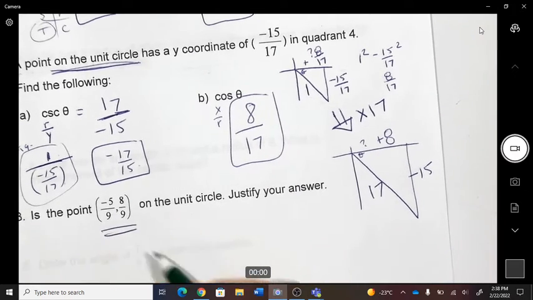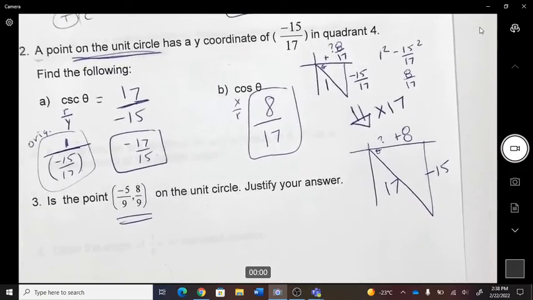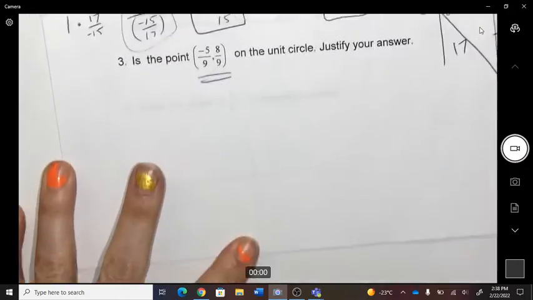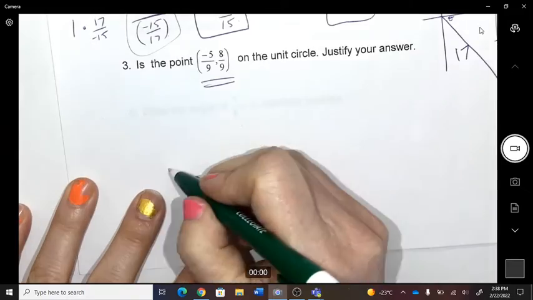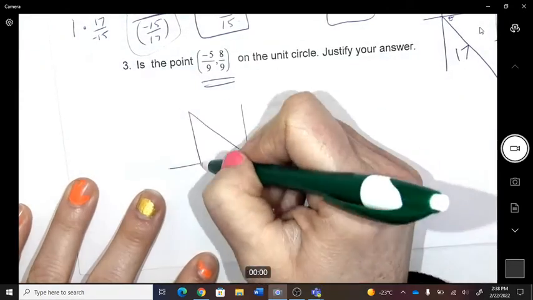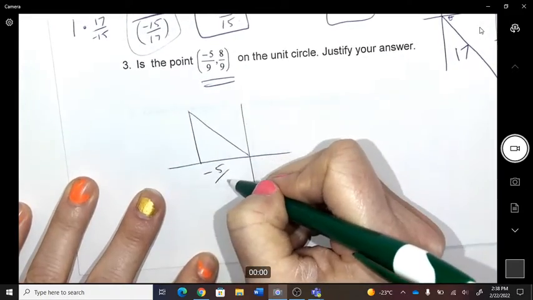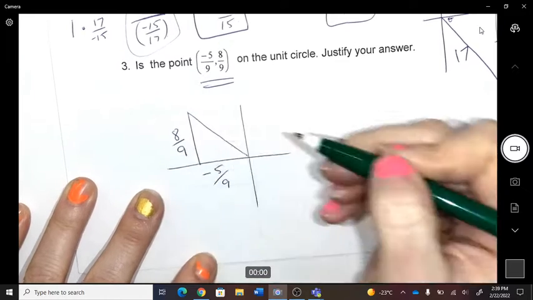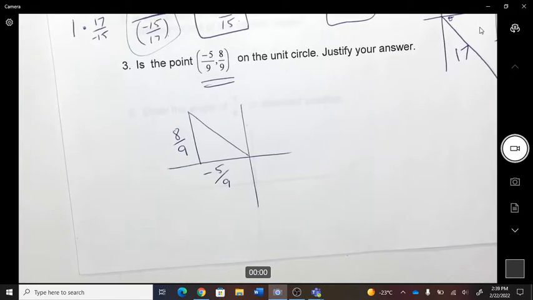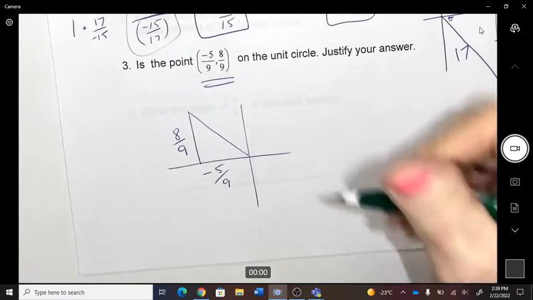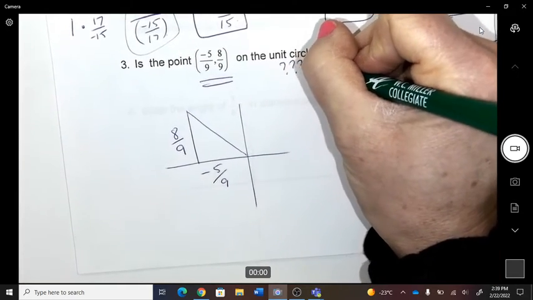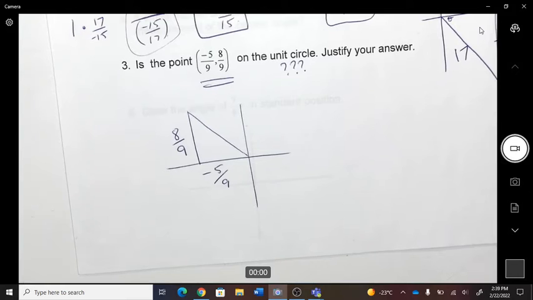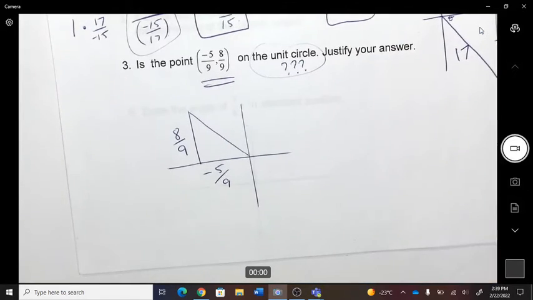Okay, is this coordinate on the unit circle? Justify your answer. How am I going to prove if it's on the unit circle or not? What's going to happen if it's on the unit circle?